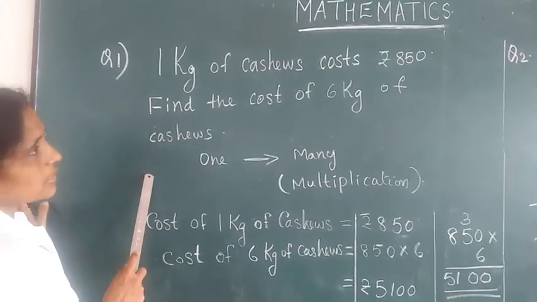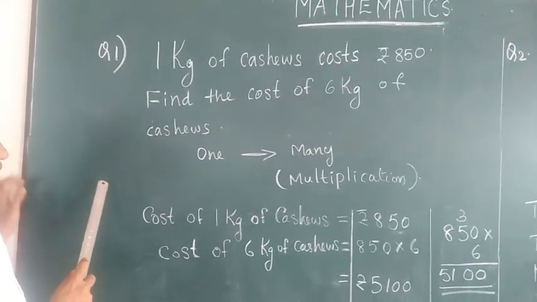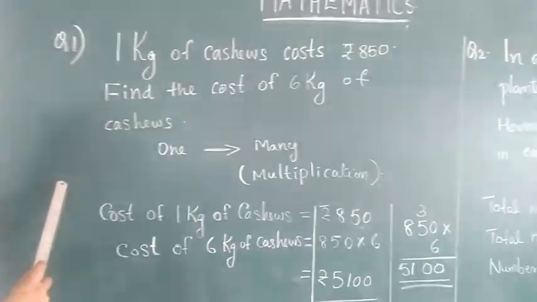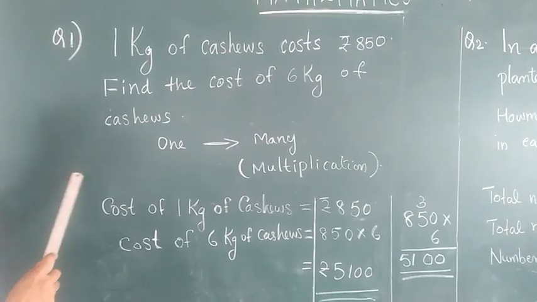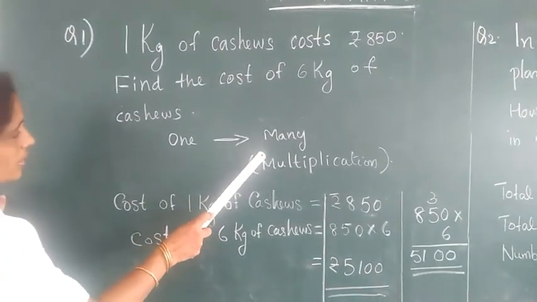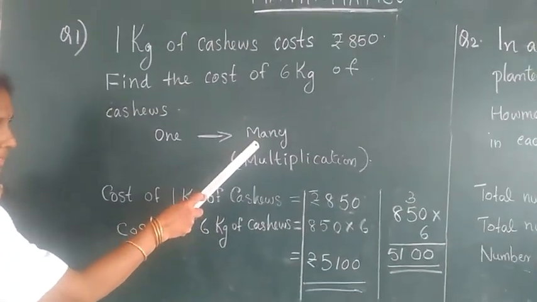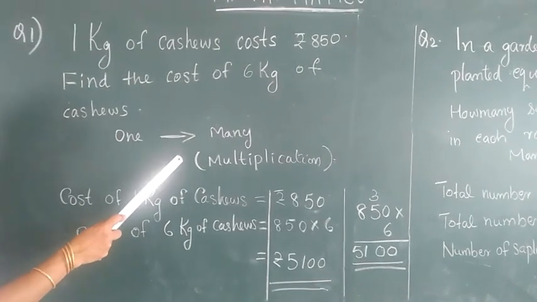Here it is giving the cost of 1 kg of cashews. We have to calculate the cost of 6 kg of cashews. One to many, 1 kg to 6 kg. So the operation you calculated in your mind.